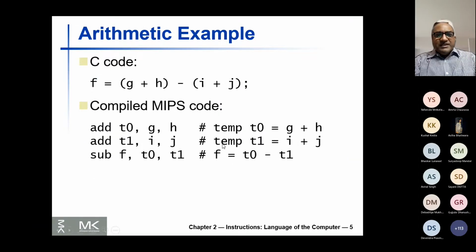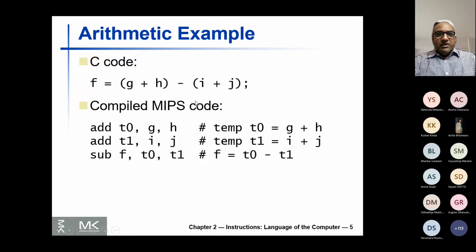Let us see one example so that you can follow better. In a high level language, you have a command with arithmetic operations, something like f equals g plus h minus of i plus j.